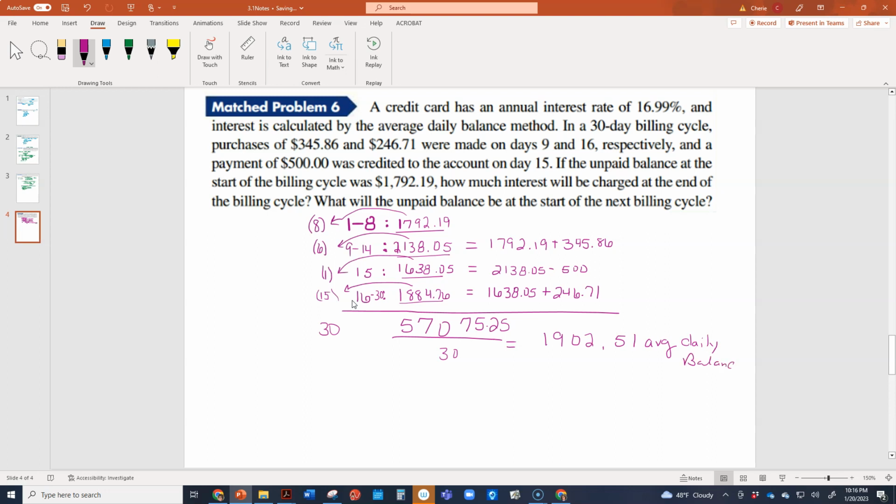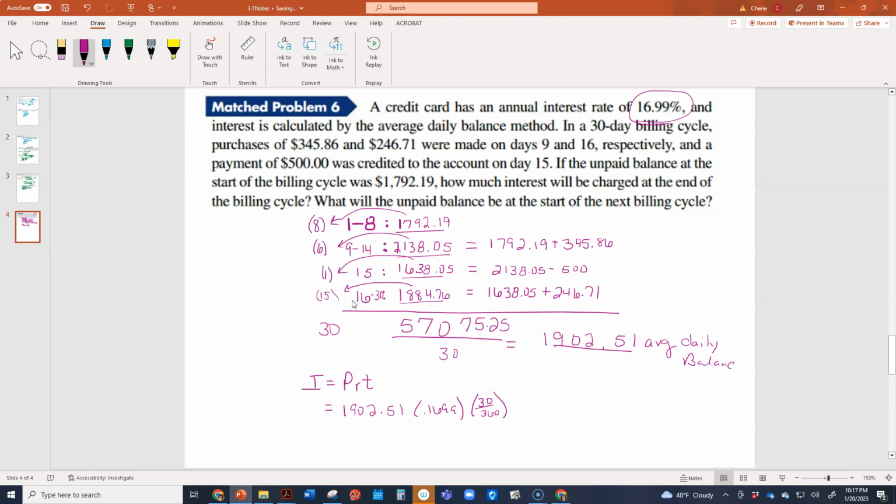So they're going to use that number to calculate how much interest I have to pay. Here's my interest formula: interest equals principal times rate times time. My principal in this case is my average daily balance, times my rate, 0.1699, times my time, which is 30 days out of 360.